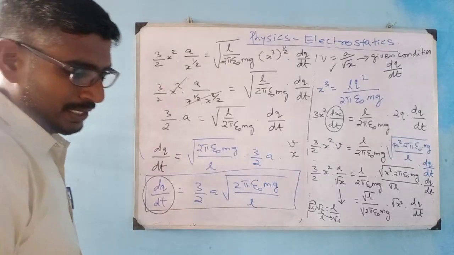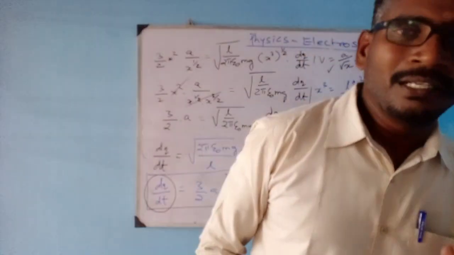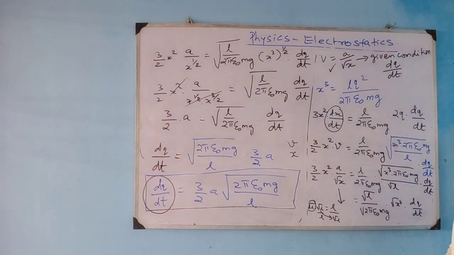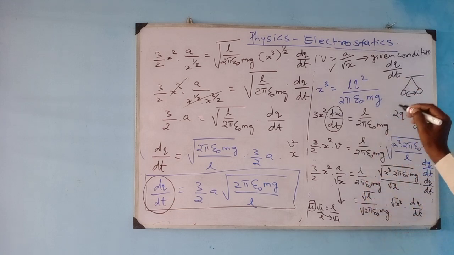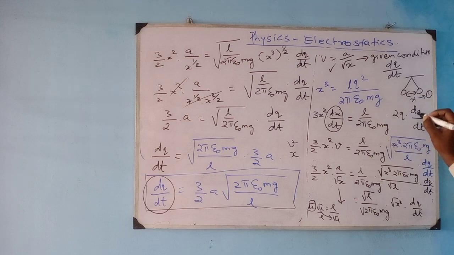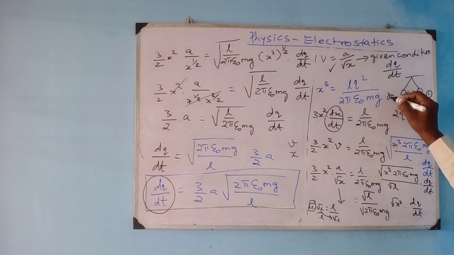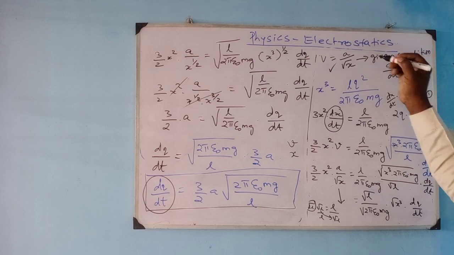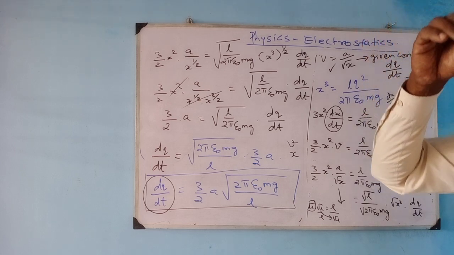So my dear students, from this single point of understanding, when two charged spheres are separated at a distance x, you can calculate how much is the distance. This is point number 1. Second, you can calculate the velocity of approach dx by dt. Third, you can calculate how much is the leakage of charge dq by dt.